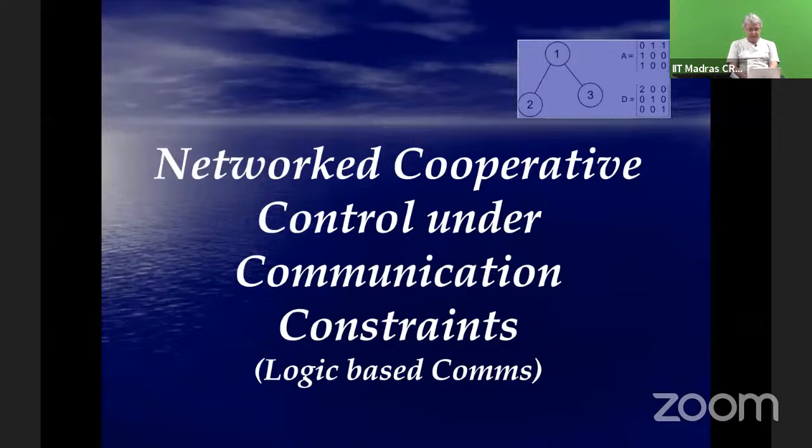So how does one start looking into this? Fortunately, when we started looking into this, there was a whole body of literature, Murray and Sachs and Chad Babaya and many other people on cooperative control under communication constraints.